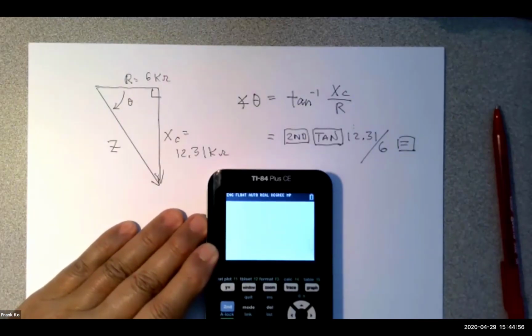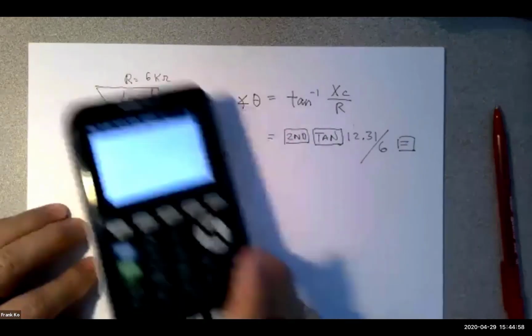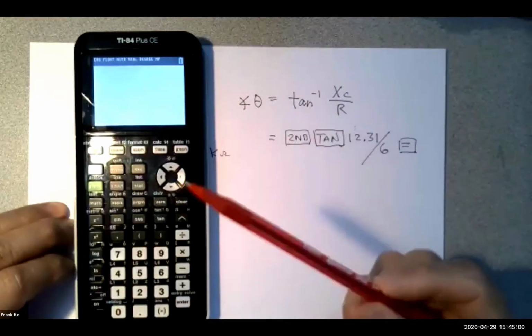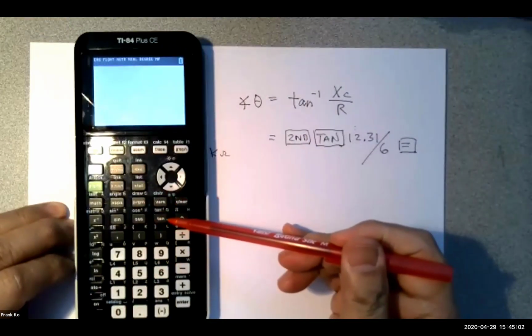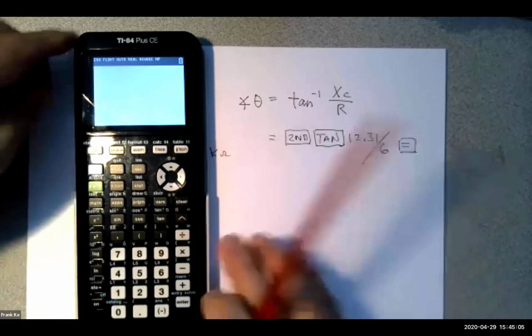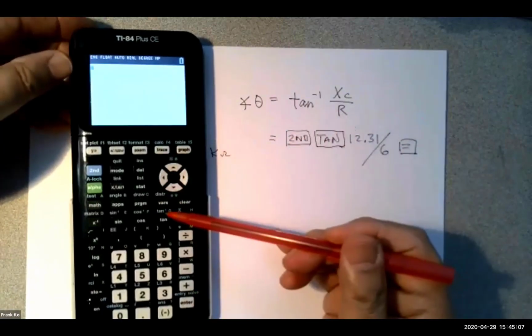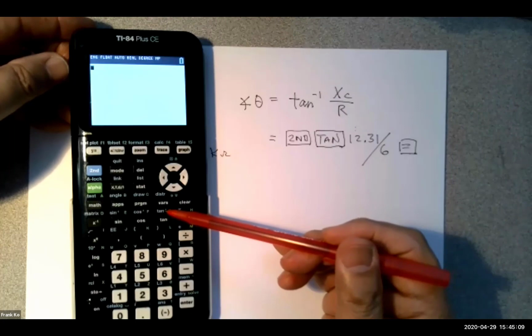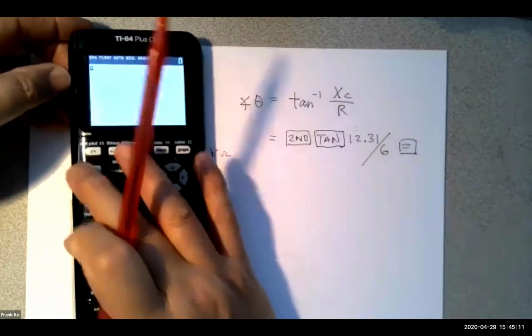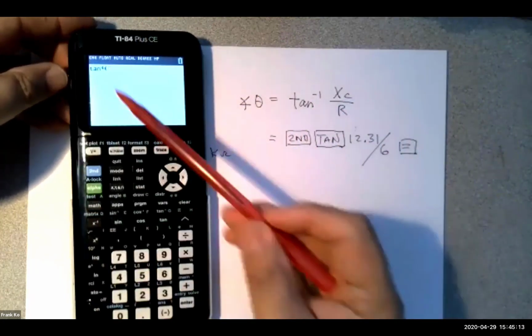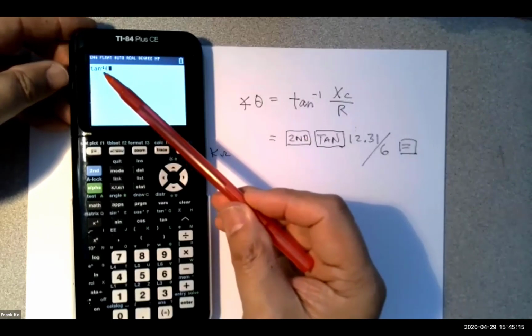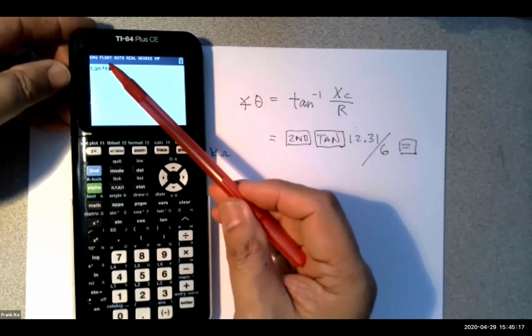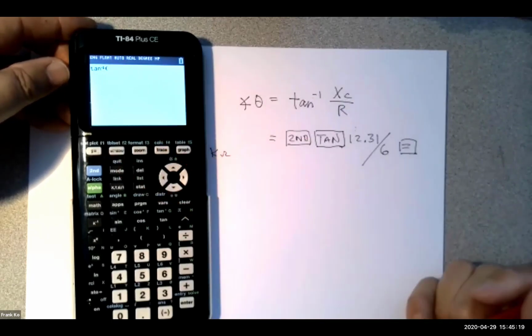So find the tangent. So in this particular calculator, the tangent function is shown here. My inverse tangent function is shown as a second function in blue. So I have to engage second tan, and now it shows up as tan negative 1, which is an inverse function, and it generates an open parentheses.